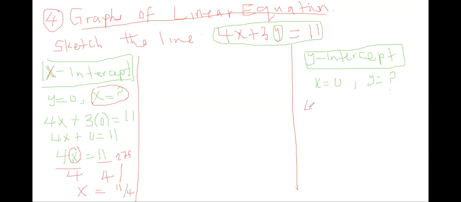So we will have 4 times 0 plus 3y equals 11. So this will obviously be 0 plus 3y equals 11.